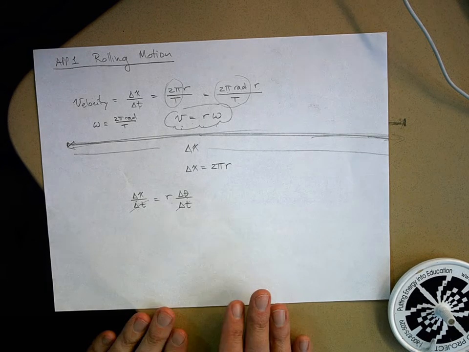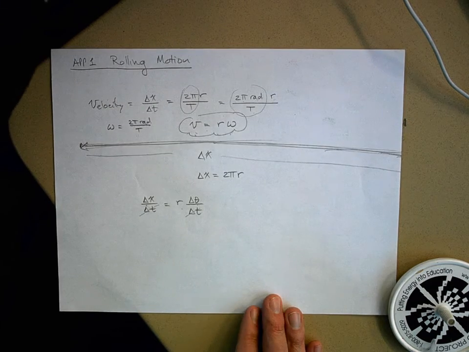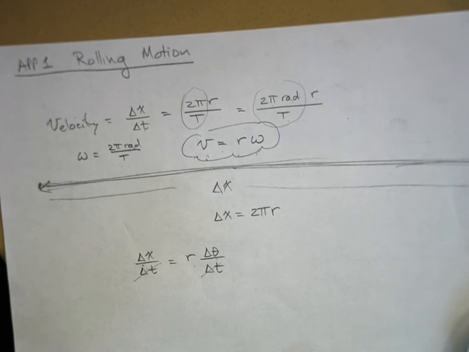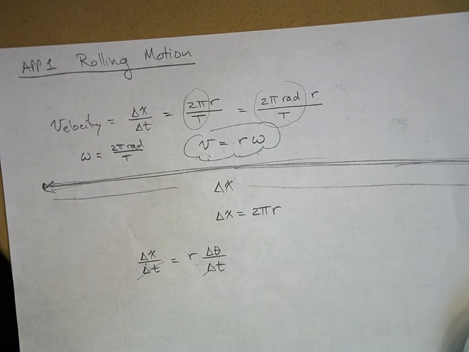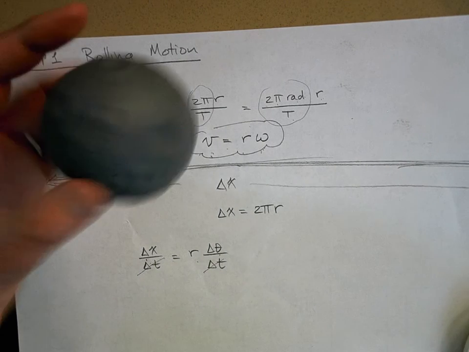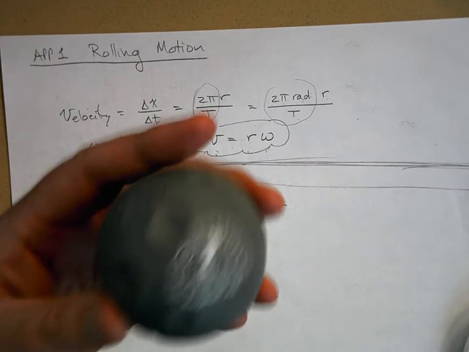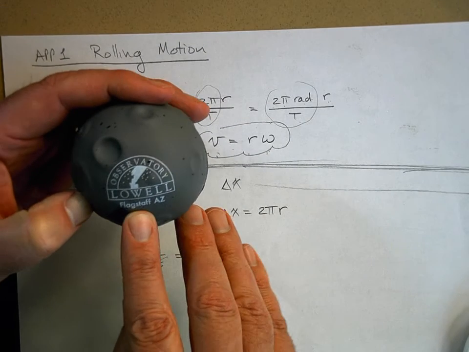It can be a little bit confusing, this little expression, but it really makes sense. And here's what you can do. Just take any round object, and here I have an asteroid. This is an asteroid from space, because you can tell I got it at the observatory, Lowell Observatory.